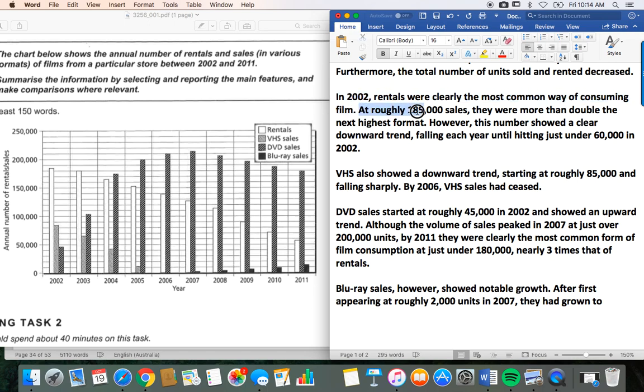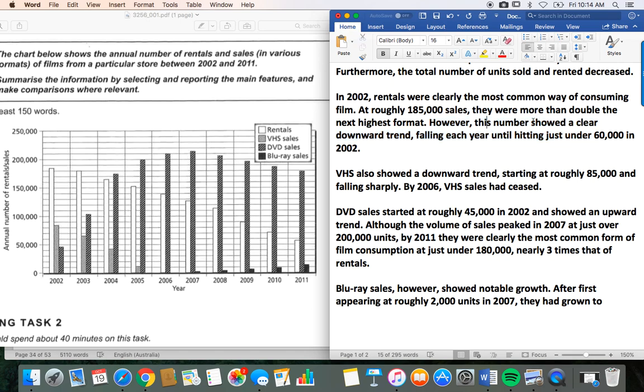At roughly 185,000 sales, they were more than double the next highest format. So again, they're twice as big as VHS. However, this number showed a clear downward trend, falling each year until hitting just under 60,000 in 2002. Now, this is important. You want to have a trend and data.